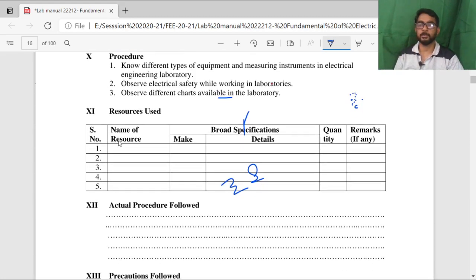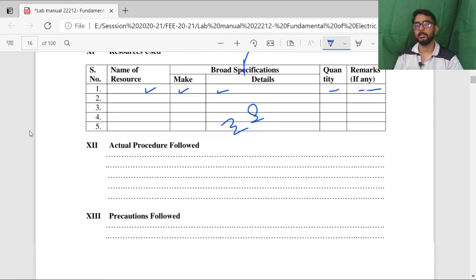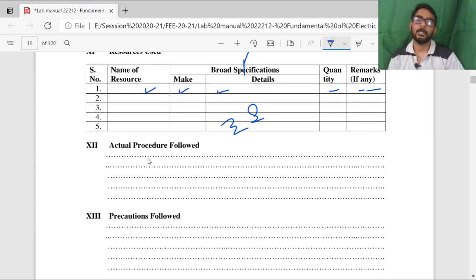Then resources used. Other than the above resources, if any other resources are used, please write here the name of the resource, then make, then its details such as voltage rating, current rating, power rating, and how many quantities are used, and any special remark. Then actual procedure. The procedure given above is the theoretical procedure.